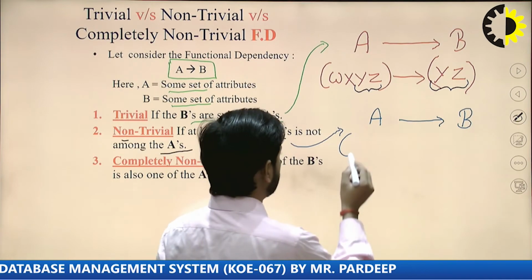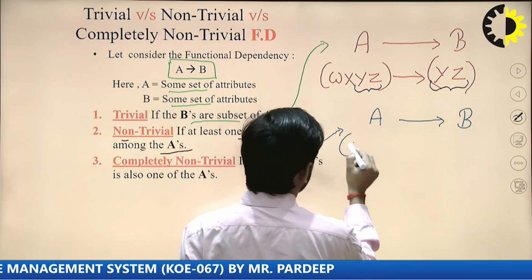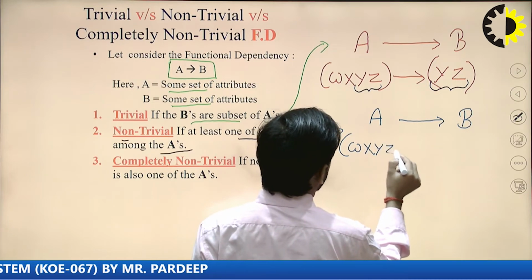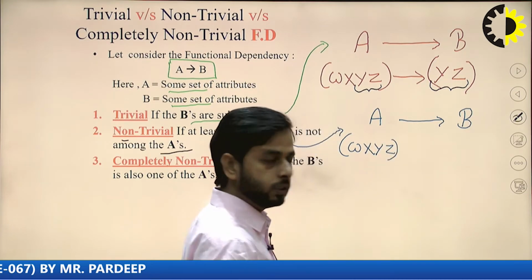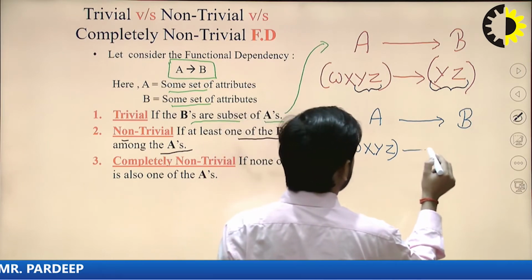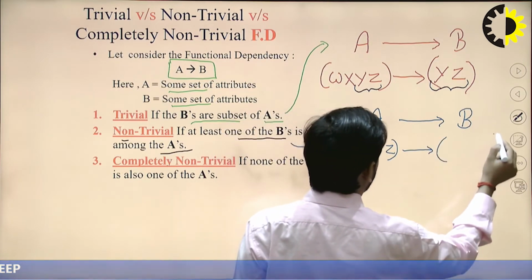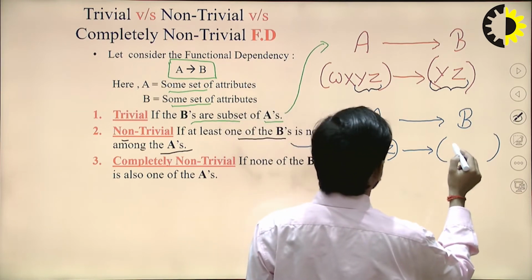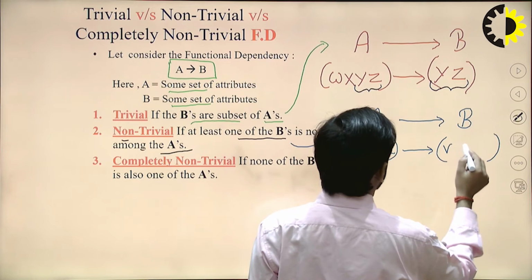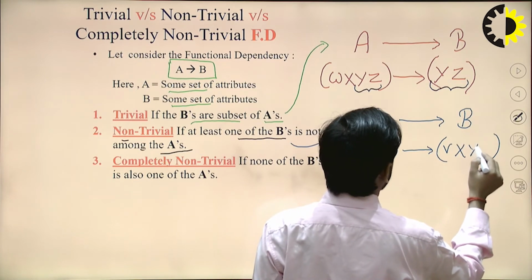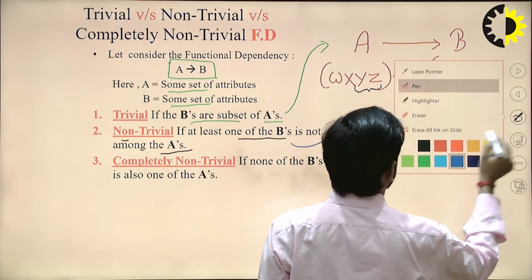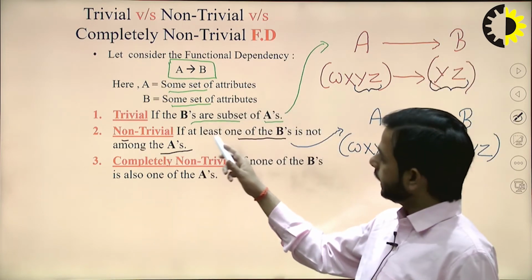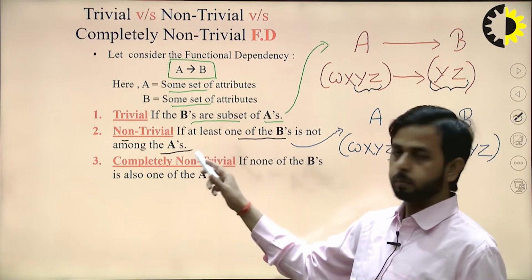So suppose A contains the attributes W, X, Y, and Z. These attributes determine the set of attributes, suppose V, X, Y, and Z. Non-trivial means at least one of the B's is not among the A's.